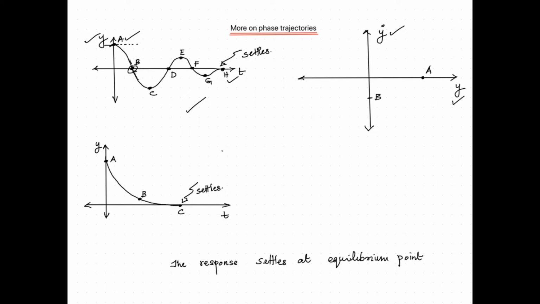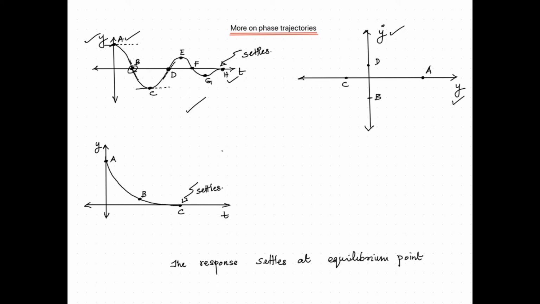Coming to C, we can see that it's a minimum value. So C is negative whereas the slope is 0. So assume that this is the point C. Now coming to D, wherein the magnitude is 0 whereas the slope is positive. So let us take D like this.